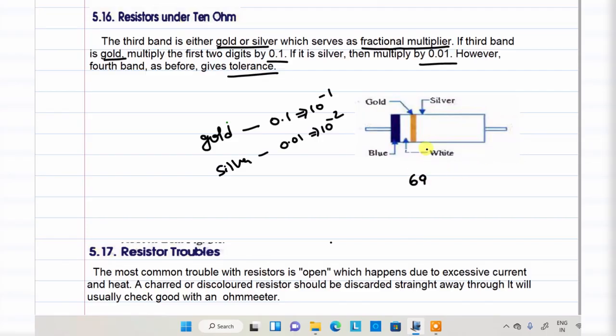Gold is present in the third band, so it is multiplied by 10 power minus 1, that is 0.1. Silver is a plus or minus 10% tolerance. That means 6.9 ohms plus or minus 10% is the value for this color code.